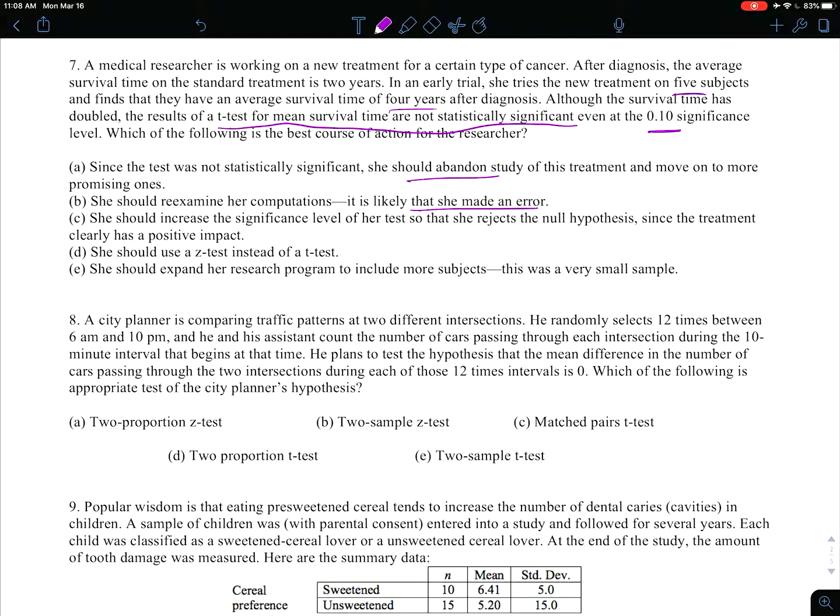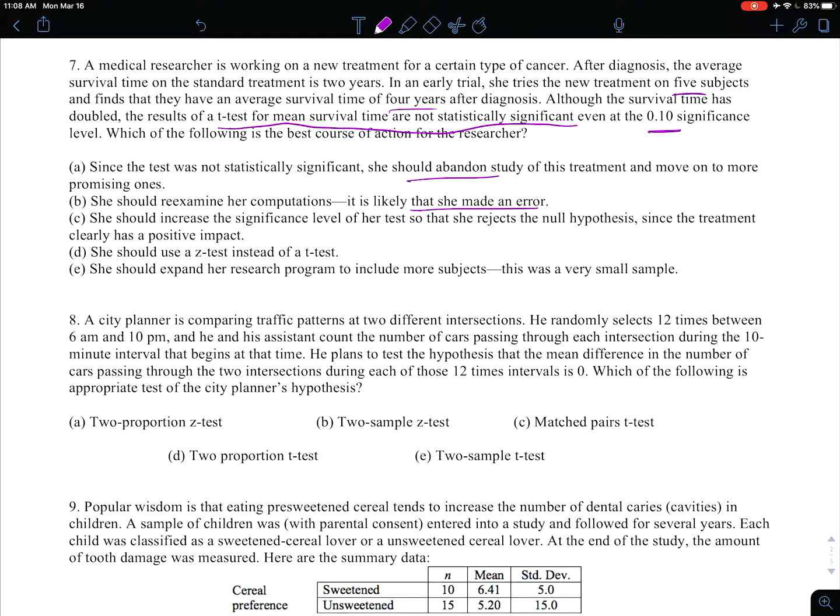Increase the significance level of her test so that she rejects the null hypothesis, since the treatment clearly has a positive impact. While that would become significant, we know that that's going to come at the cost. You're going to then make a type 1 error more often, so isn't necessarily the best move.